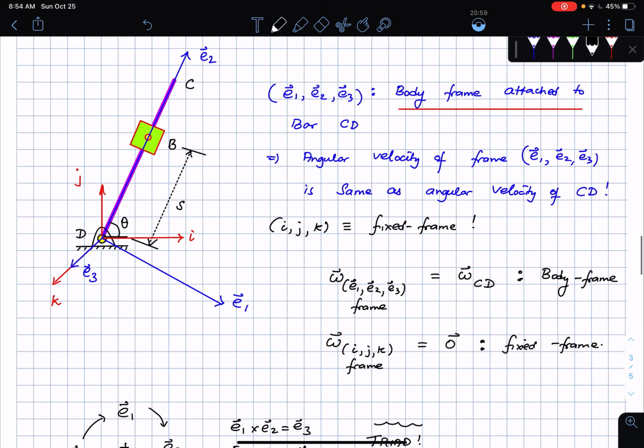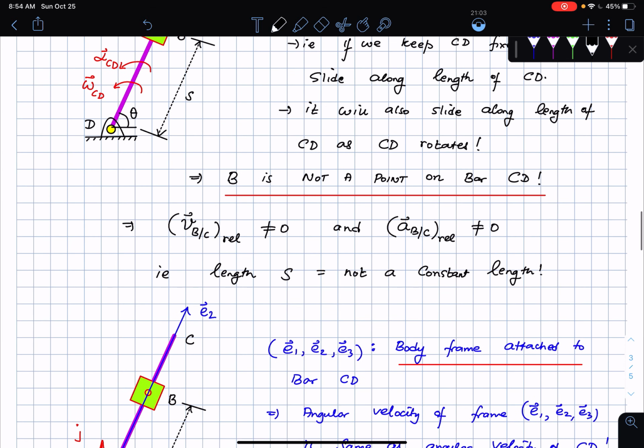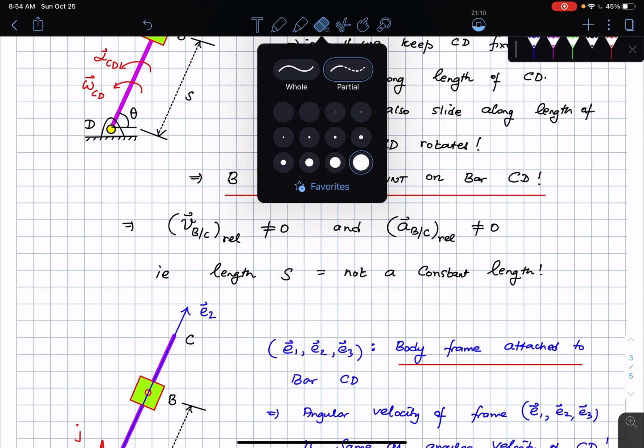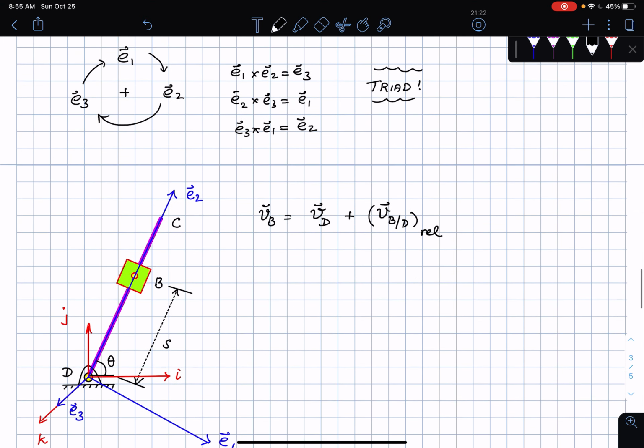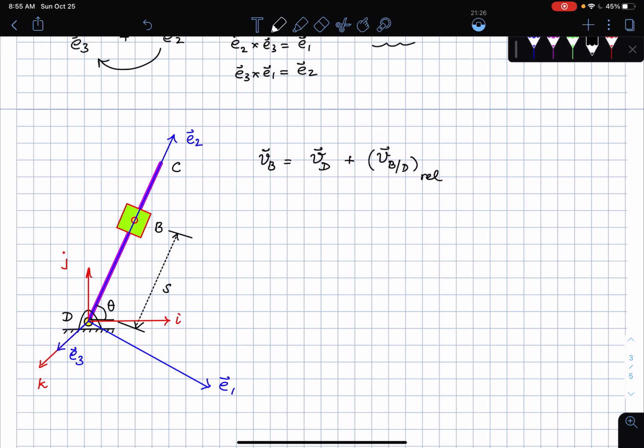I had written B slash C here, but to be honest with you, I should be writing B slash D, so let me do that very quickly. These are all B slash D. So that is not 0 anymore, and then I'm going to have omega of the bar CD crossed with R B slash D.